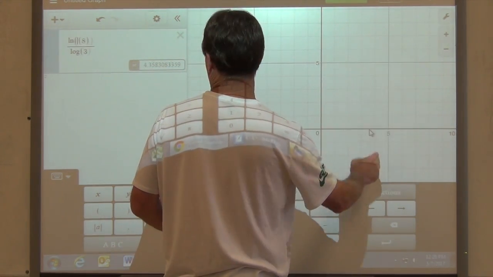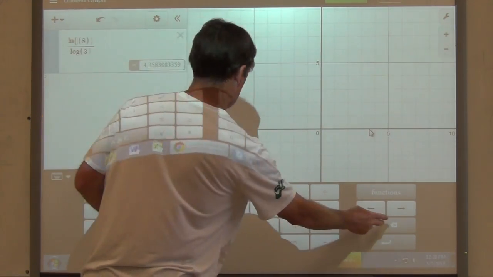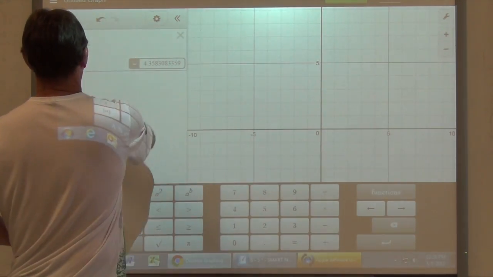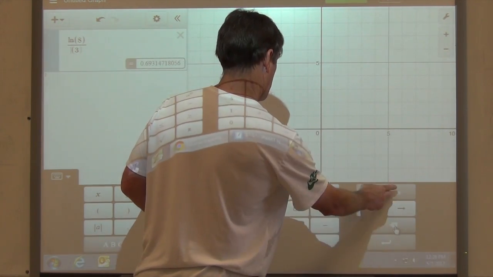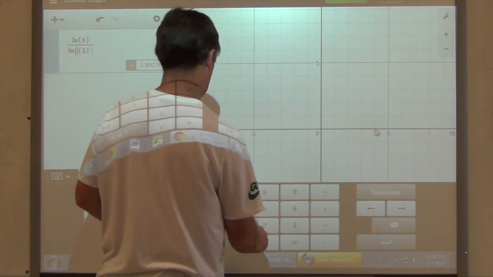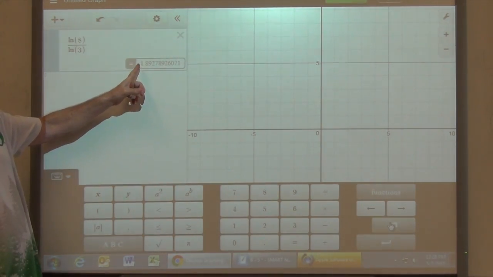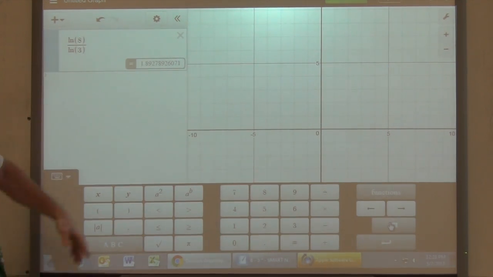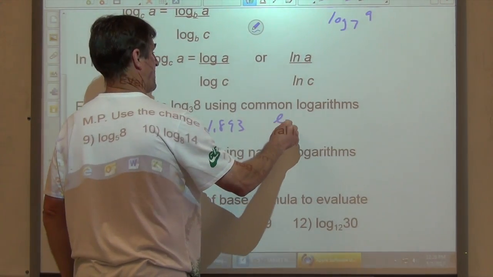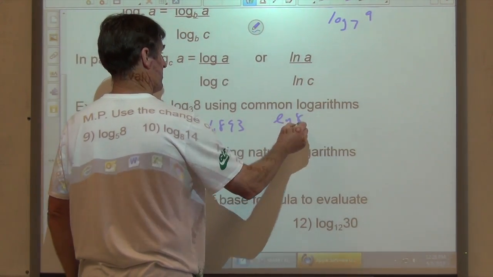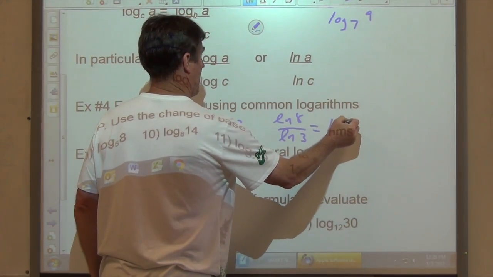So if I do ln of 8, and ln of 3, you see we get the exact same value, 1.8927, so 1.893. It doesn't make any difference which one I use, I will get the same value.